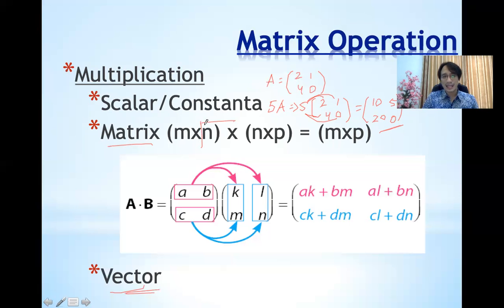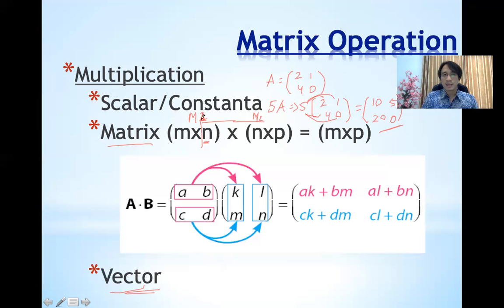This is the first matrix, so matrix number 1. The number of columns in matrix 1, n, must be the same as the total number of rows in matrix 2.